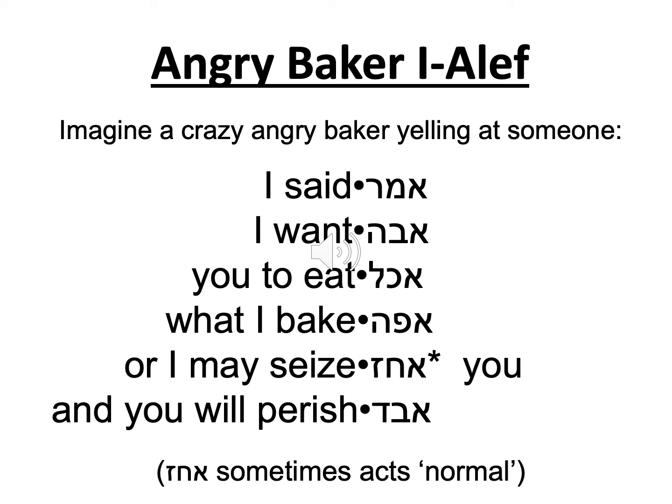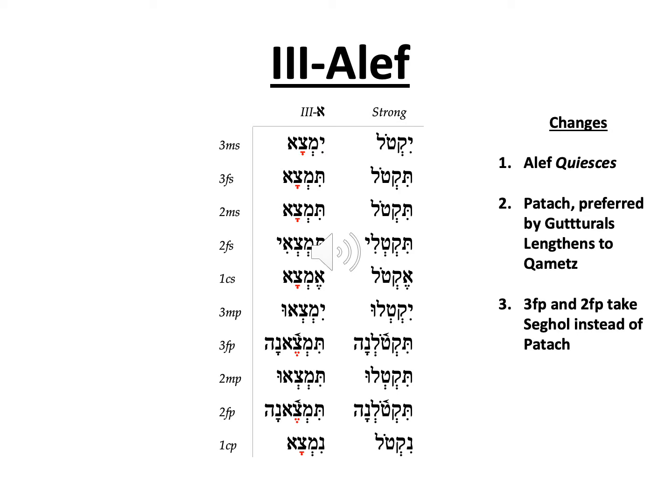Thus we have the verbs say, want, eat, bake, seize, although sometimes seize will follow type 1, and perish. Remembering this little mnemonic can help explain why particular verbs in the pei aleph or one aleph have behaved the way that they have, taking the holum preformative vowel and the patak theme vowel with a quiescent aleph.